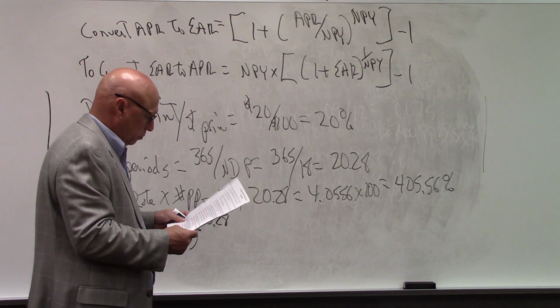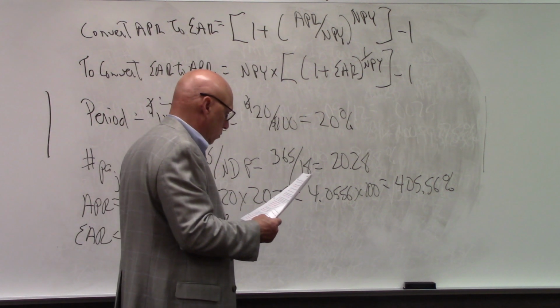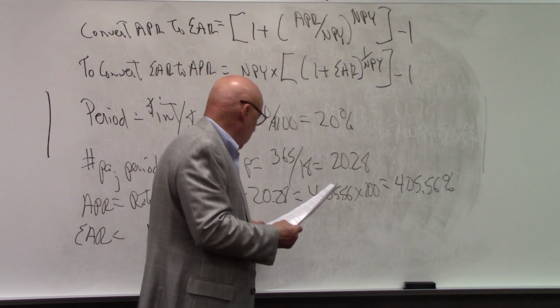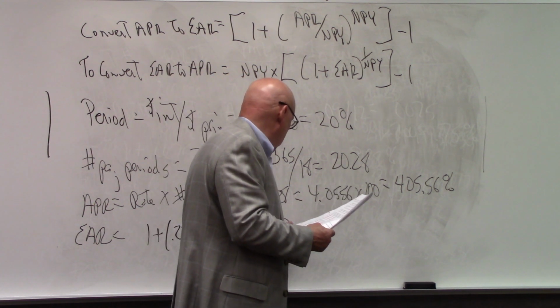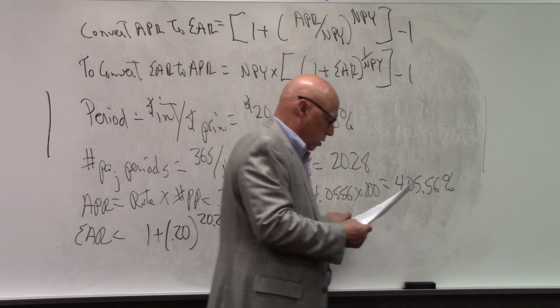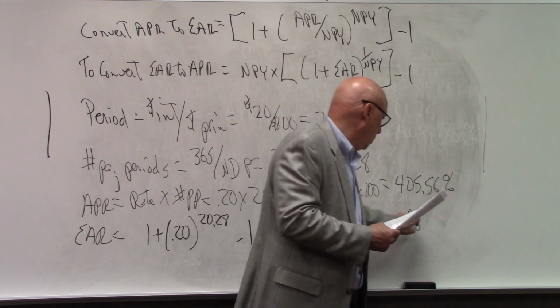Okay. Minus 1, and that is equal to 39.33 times 100 equals 3,933%.